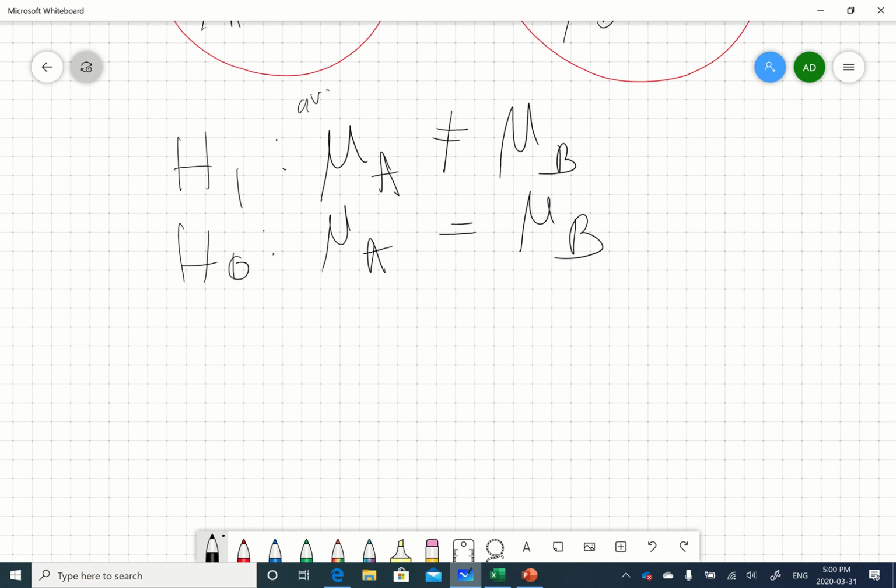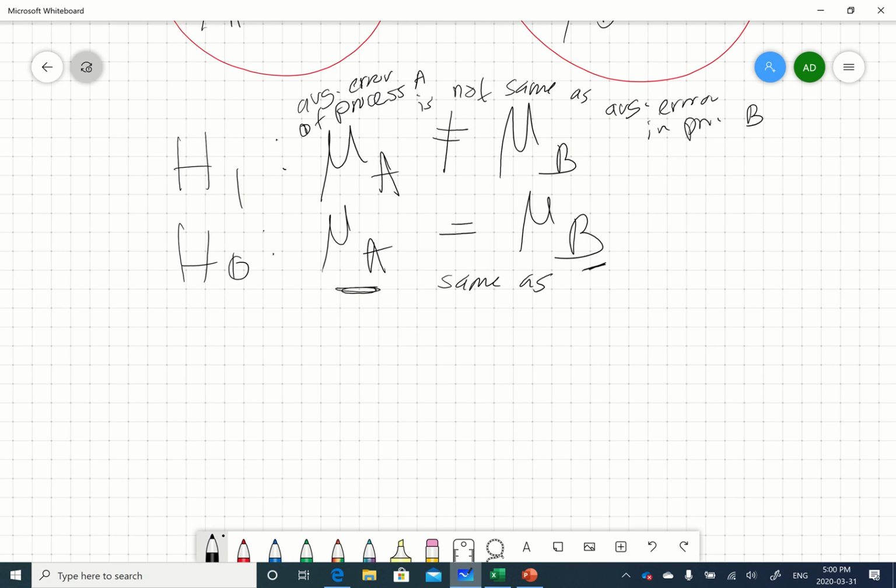Average error of process A is not same as average error in process B, right? You don't need to use notations if you're not comfortable with it. You can write it down as a statement. And here, average error in process A is same as average error in process B. Okay, so that's step 1.